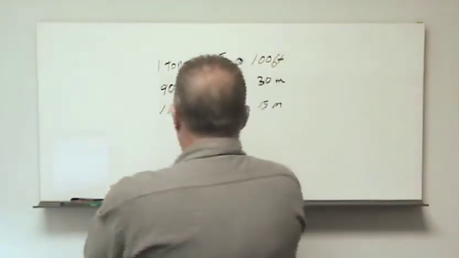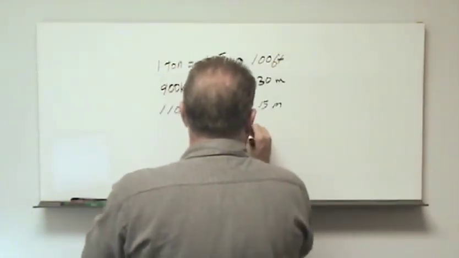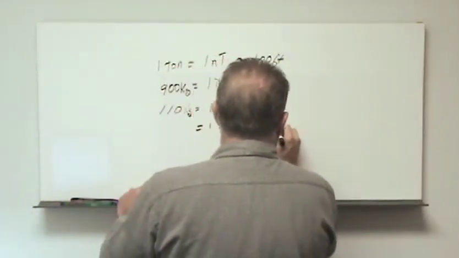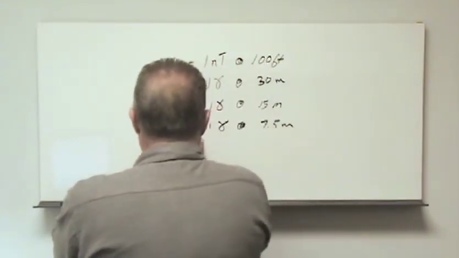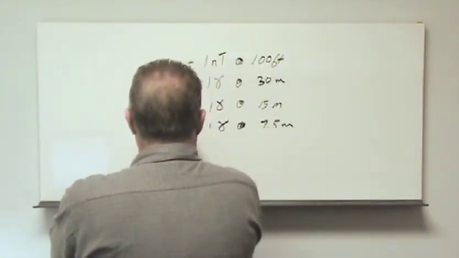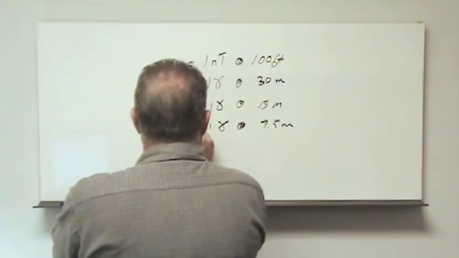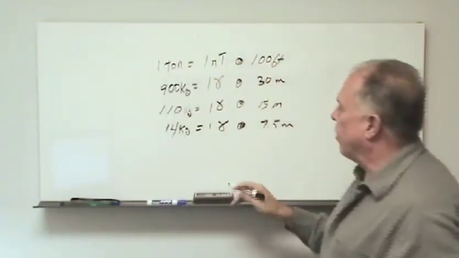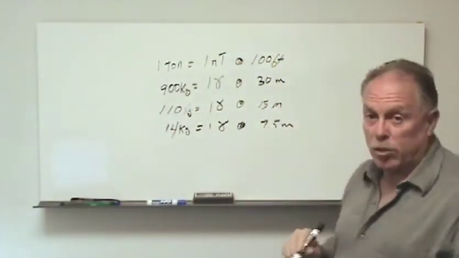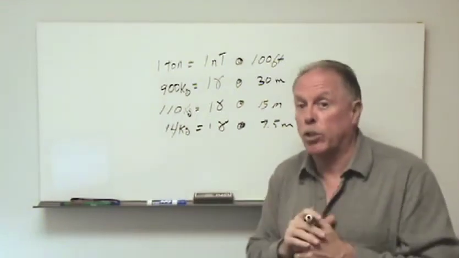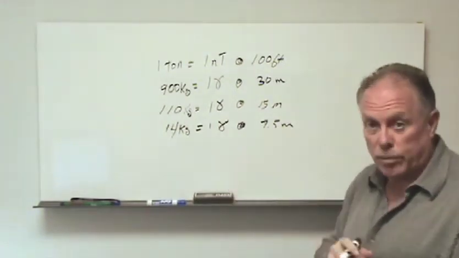And just to finish this out, 1 gamma at 7.5 meters, 8 goes in here approximately 14 times. So now we would see 14 kilograms at 7.5 meters. So we can see again, we can see a very small target at quite a large range.